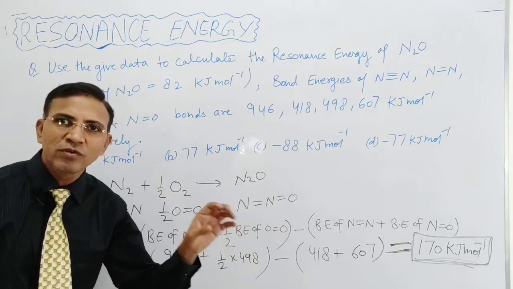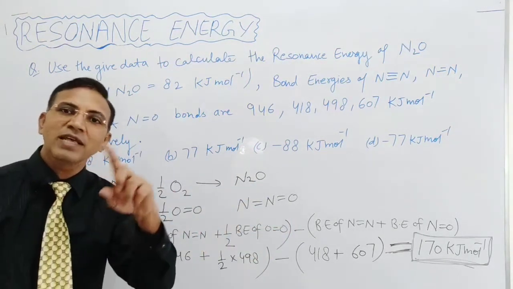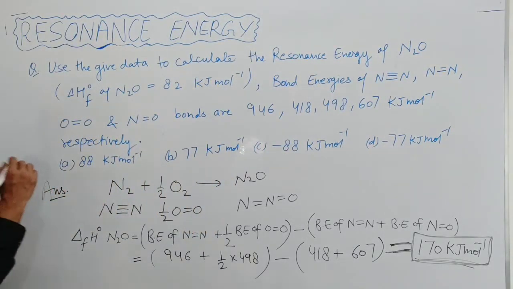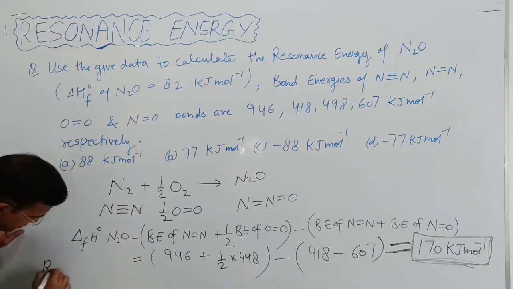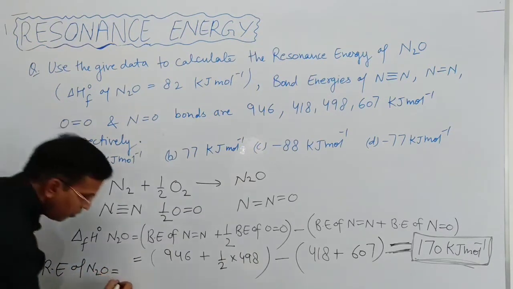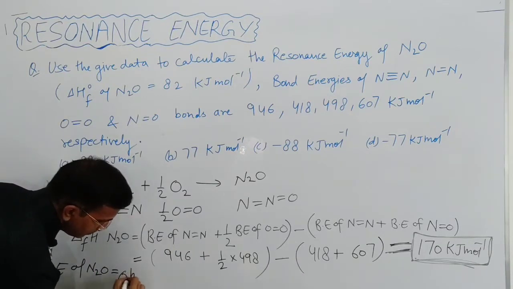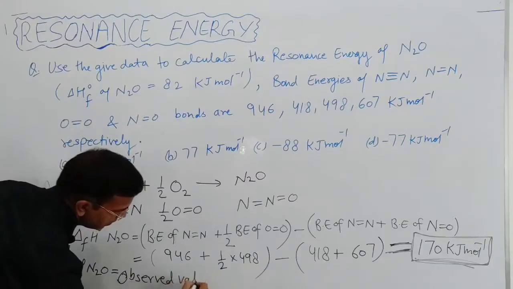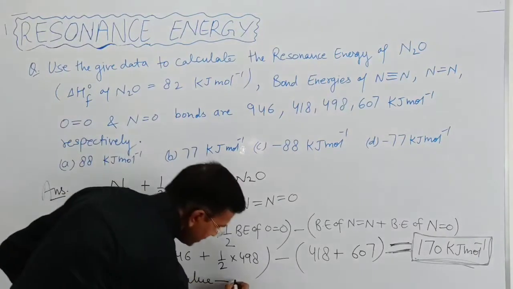So we have to calculate the resonance energy of N2O. The resonance energy of N2O is equal to observed value minus calculated value.